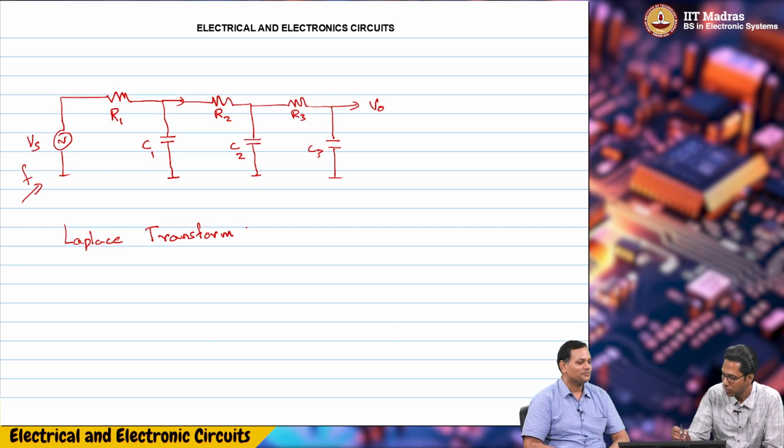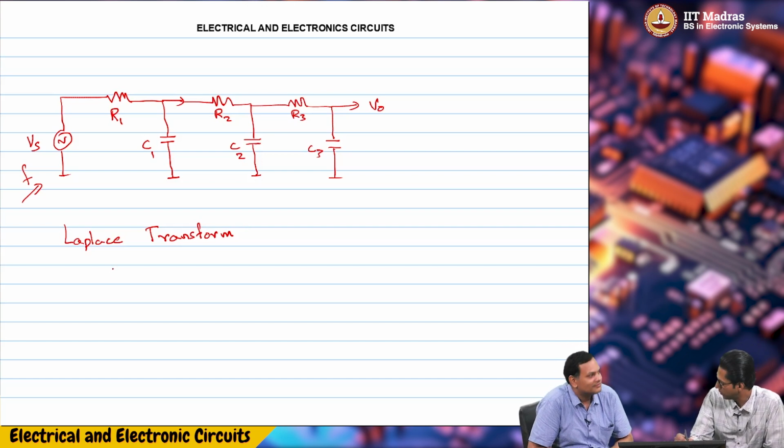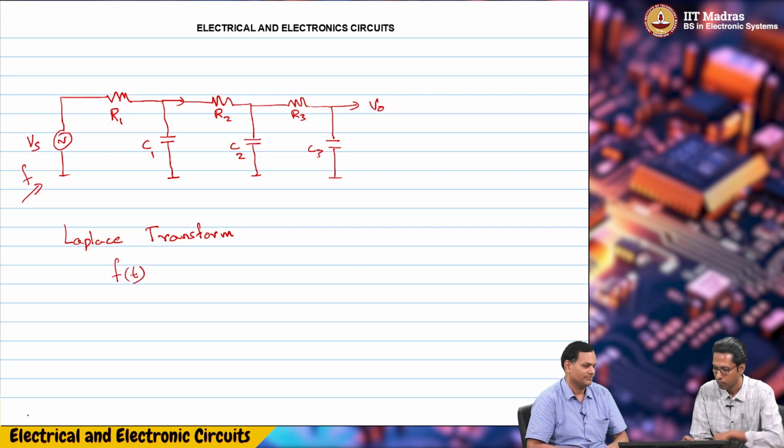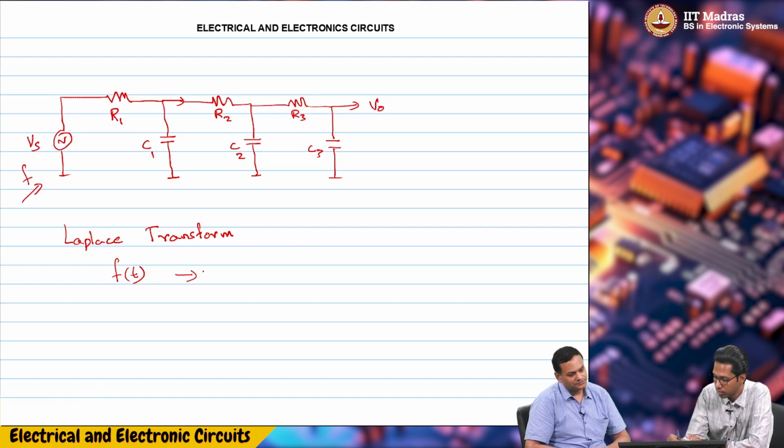Okay. So if we have a time domain signal, a signal in time, let's say that is f of t. So the Laplace transform says, if you do that, then usually it is represented as f of s. So how do we get f of s? I was looking at the definition.